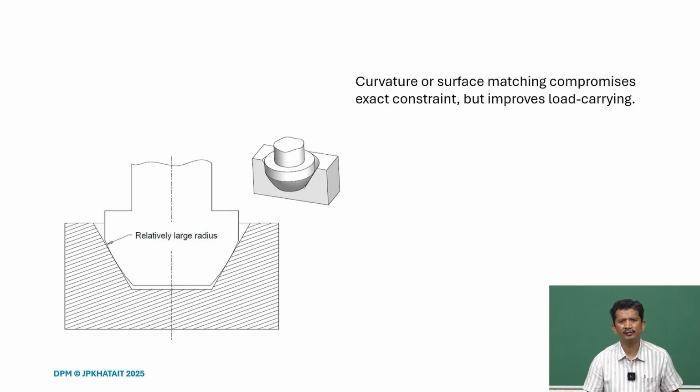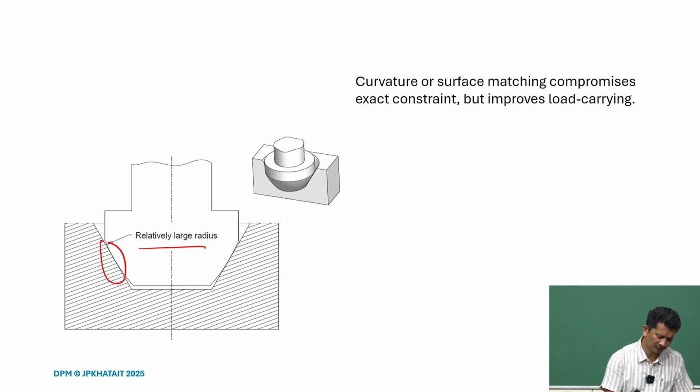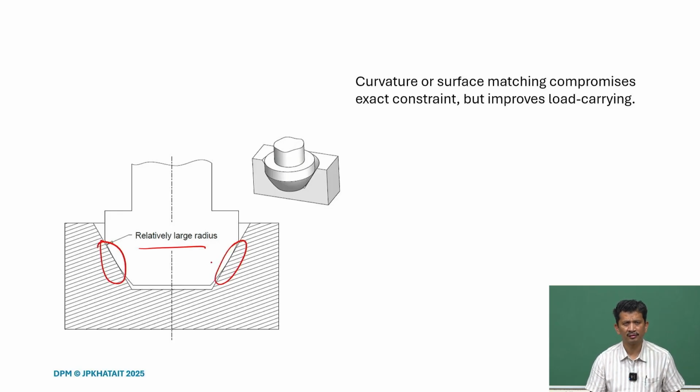Sometimes we may like to deviate from there, and therefore we may go for a relatively larger radius, so that we can have a fairly larger area of contact, which improves the load carrying capacity and even the stiffness.